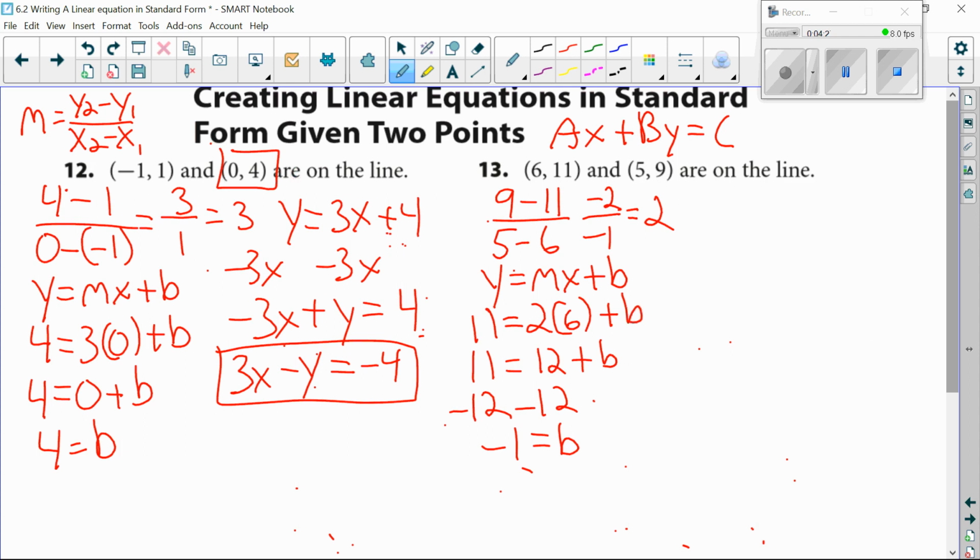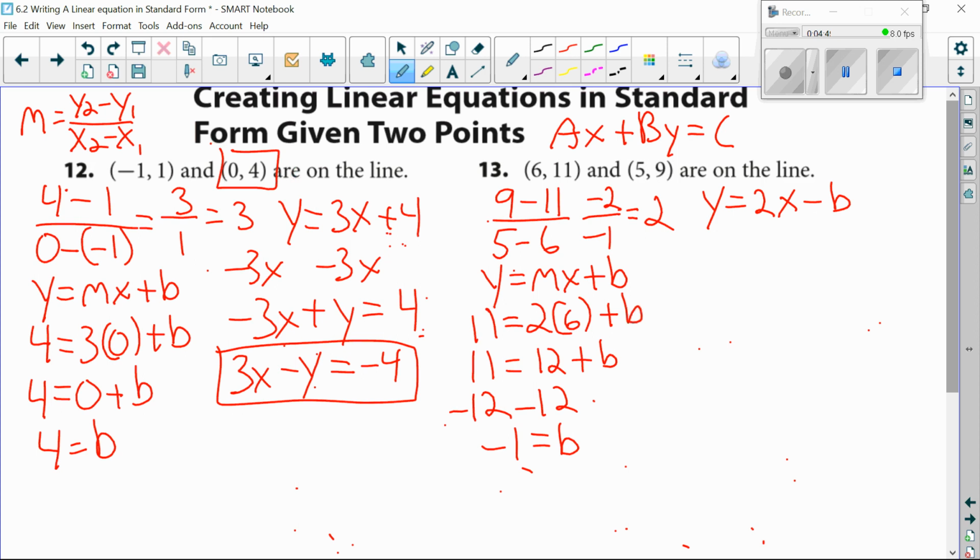Now I'm going to write my equation in slope-intercept form. y is equal to m, which is 2, times x minus 1.